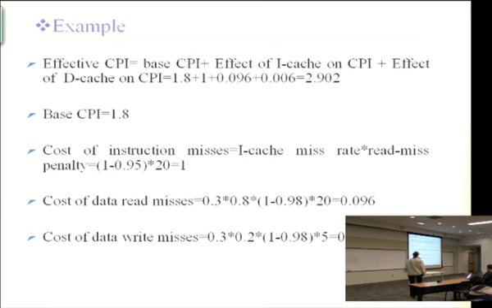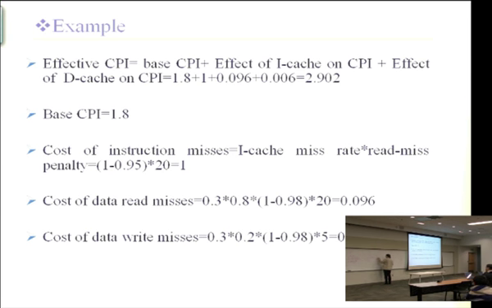So, what is our first step? Effective CPI is always the base CPI, which is in my case the CPI average. That's how long it takes for all instructions that do not interfere with the memory or interact with the memory.